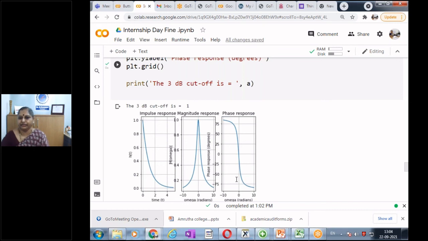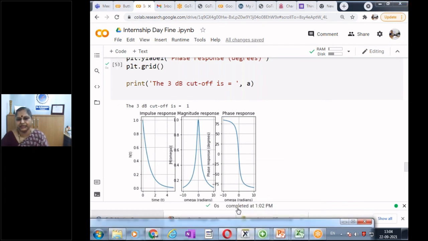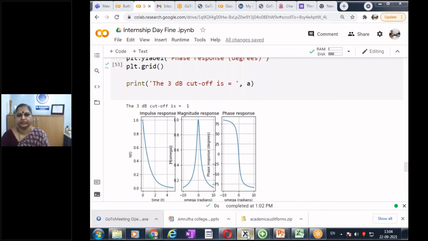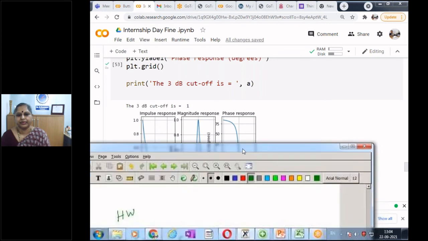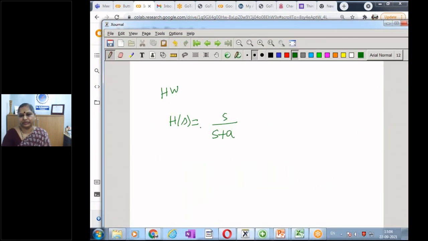So now I give you two homework problems. This is one problem. What happens to the transfer function if I change it this way? And the second homework problem is, how does the program get modified if I change it to a specific example?